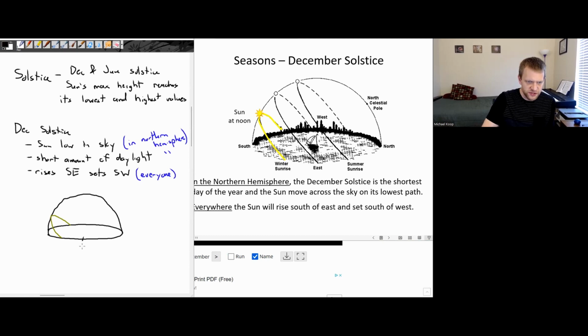So if this is east, west, north, and south, this is the path in December. And we'll fill in more of that as we go.